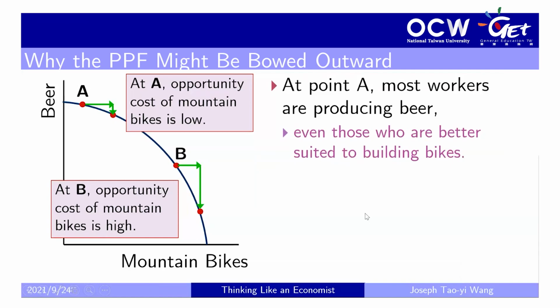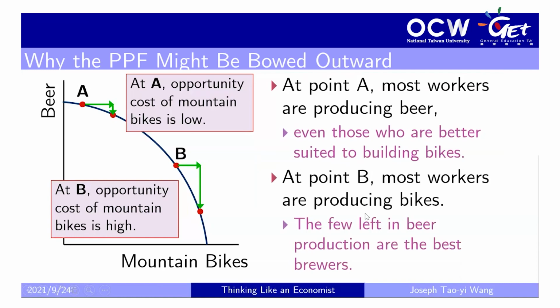But if you are at point B, now most workers are producing mountain bikes, and even the best beer brewers, you're forcing them to produce even more mountain bikes, and that means that you have to give up a lot of beer production. Okay, so this is the rationale of having a PPF that's bowed outward.